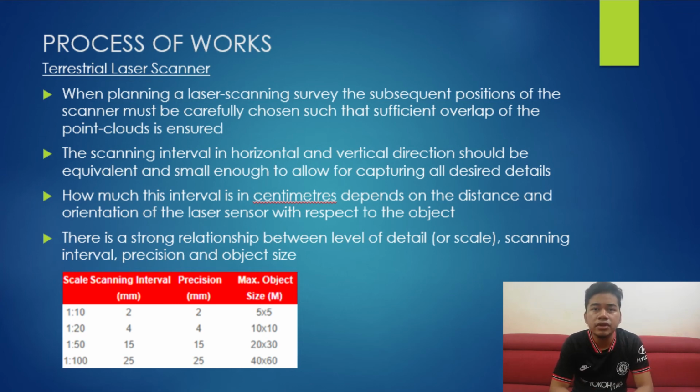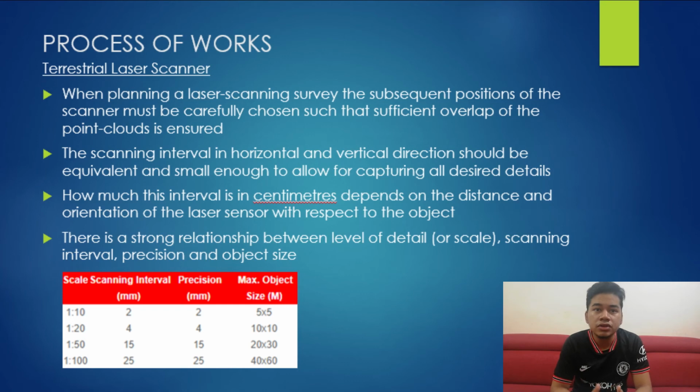The scanning interval in horizontal and vertical direction should be equivalent and small enough to allow for capturing all desired details. The scanning interval is determined by setting an angular value. How much this interval is in centimeters depends on the distance and orientation of the laser sensor with respect to the object.